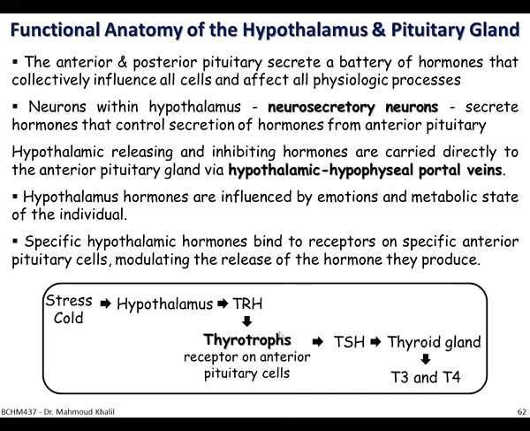Once the thyrotropes are activated, they start secreting TSH, the thyroid stimulating hormone. This TSH is carried by blood to reach the target organ, the thyroid gland, ordering it to release the T3 and T4 hormones, which are the main hormones of the thyroid gland. So you can see here, as an example, that generally the hypothalamus secretes releasing hormones, while the anterior pituitary releases stimulating hormones.